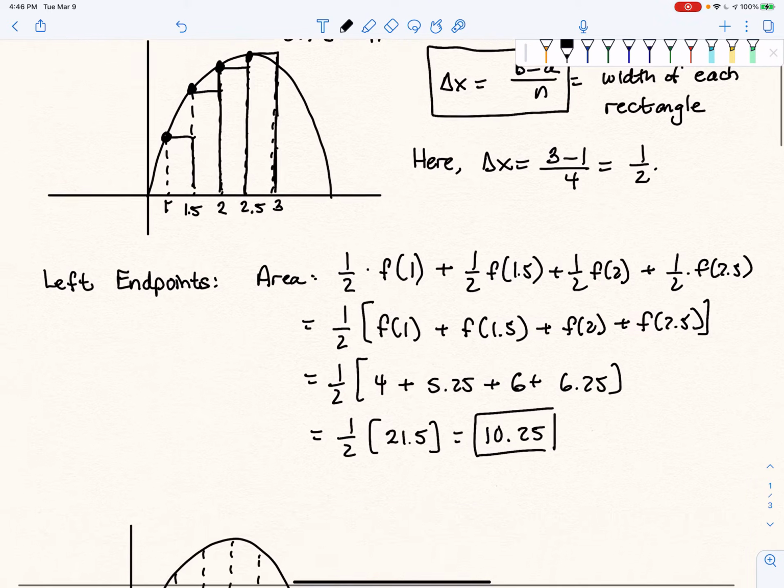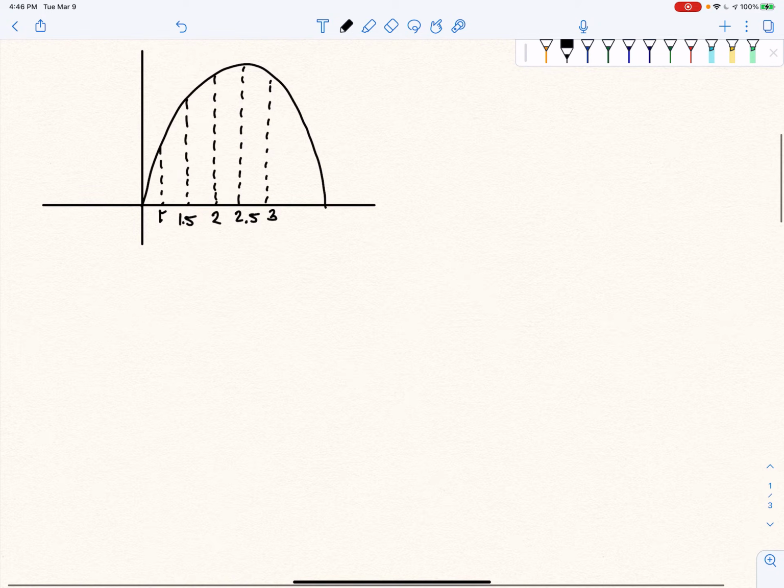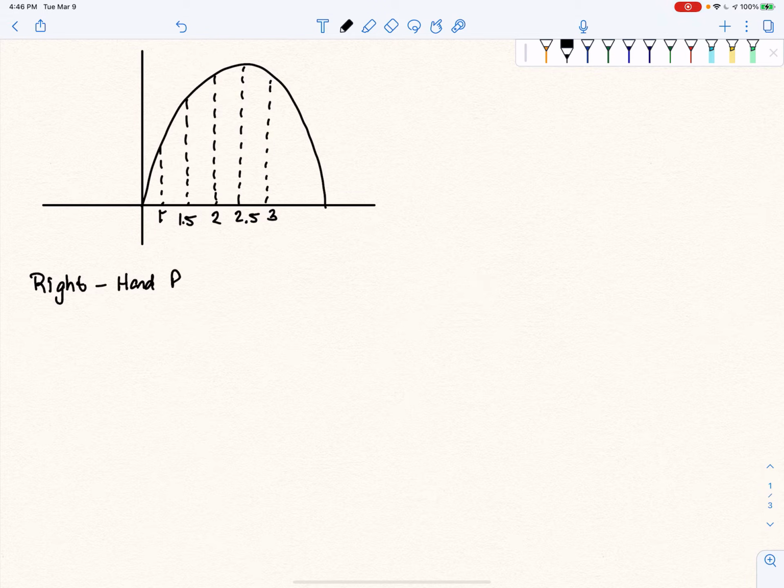Okay, so there's left-hand endpoints. Now let's go to right-hand endpoints. We're going to do the same thing. Most of the stuff carries over, except that now we're using right-hand endpoints, which means on each interval I'm now using the rightmost point in the interval to determine the height of the rectangle.